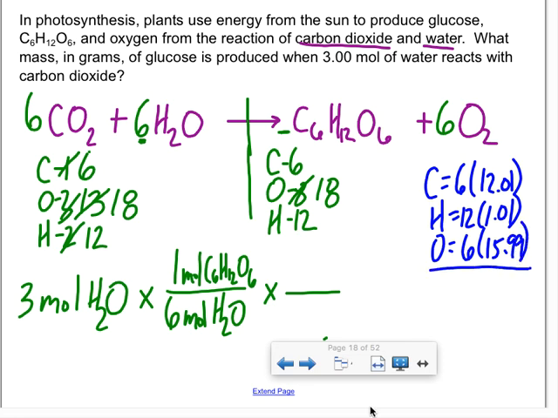So I add these all up, calculator, and I get 180.12 grams per mole. So that number is going to go over here because I'm in moles of C6H12O6, so that means 1 mole of that is going to go down here.